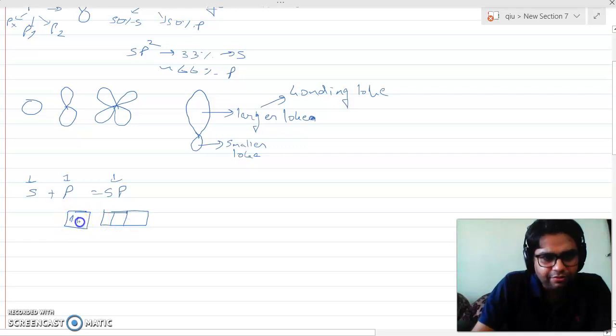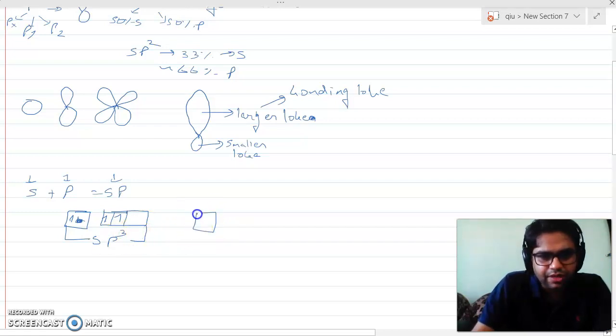For example, here s has two electrons, and here there is only one electron in each. These three orbitals have electrons, but they can all mix. It is just an example.